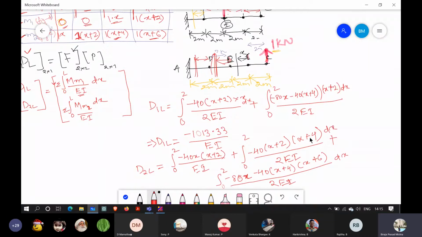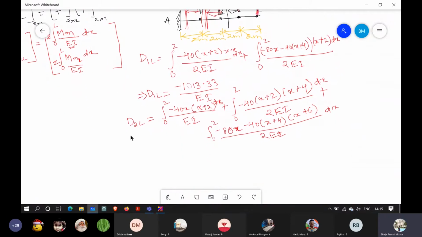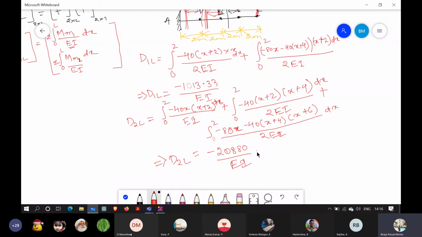I forgot dx here, and even here also I forgot dx. Okay, so if you integrate this value, you will get d2l, which is equal to minus 20880 divided by EI.